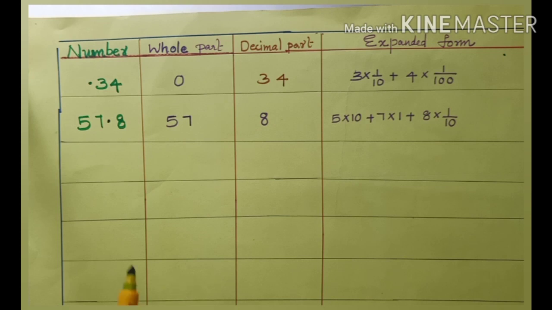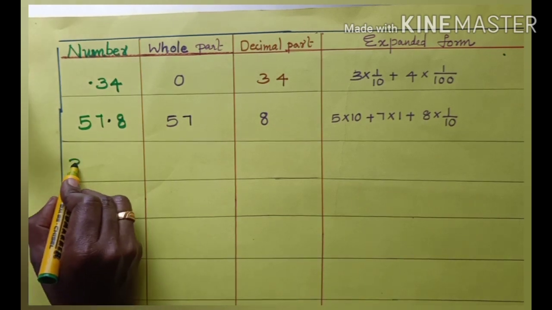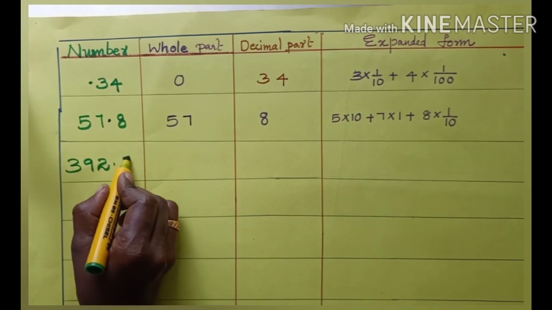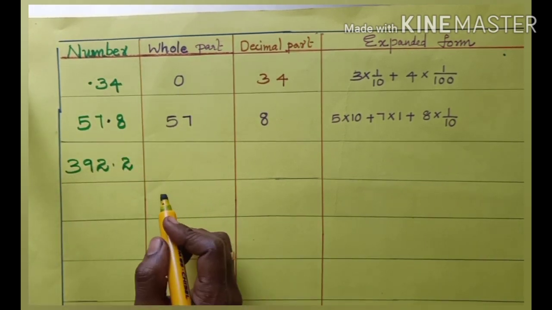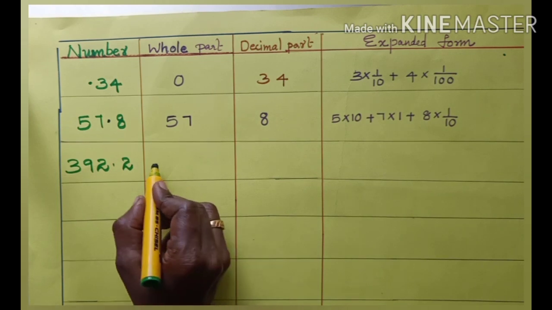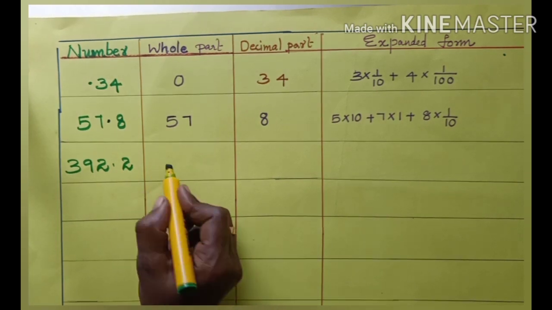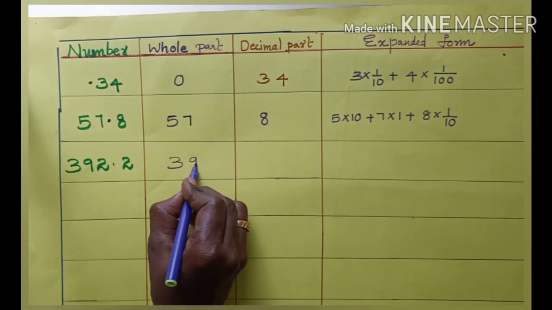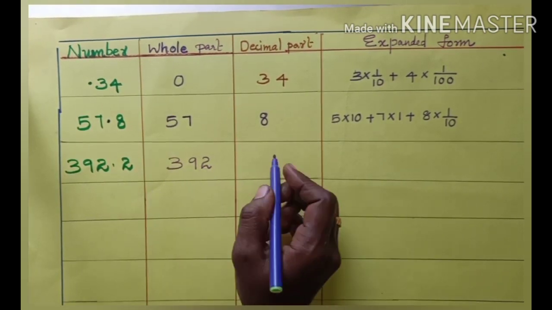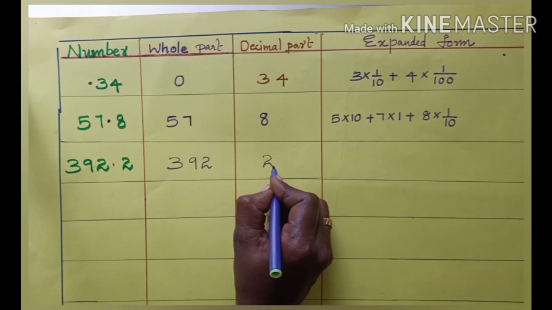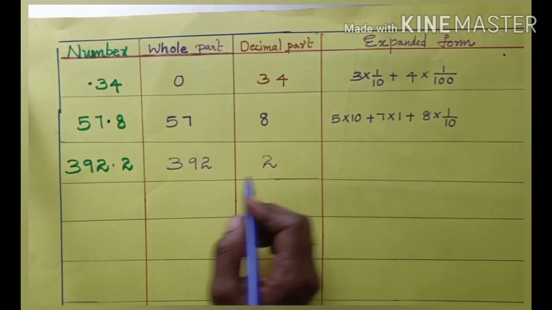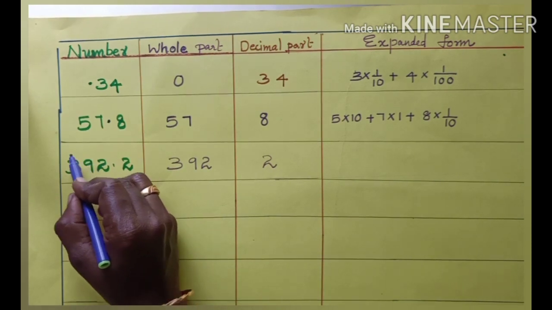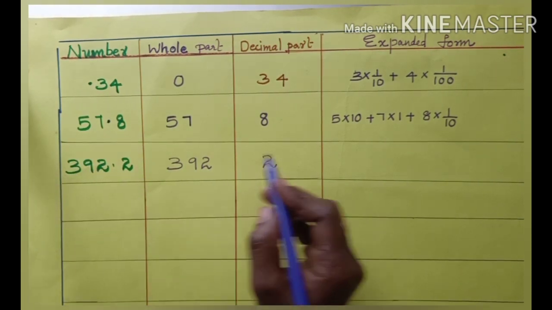Listen, another example. 392.2. Here the whole number part is 392 and the decimal part is, after the point, 2. Then the expanded form: in the whole number part, ones place 2, tens place 9, hundreds place 3.